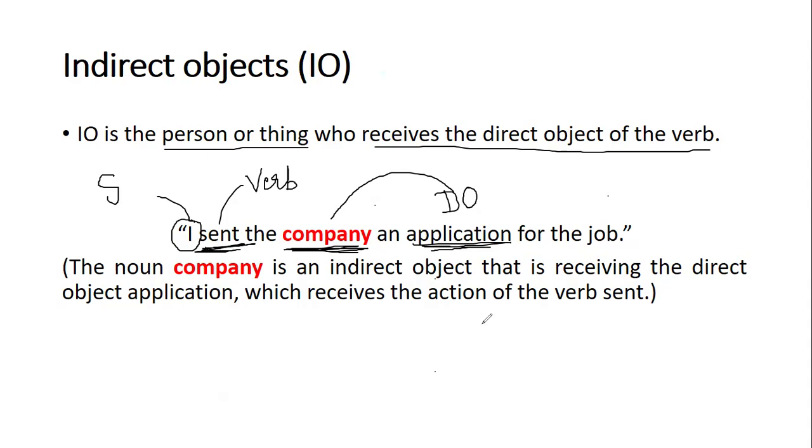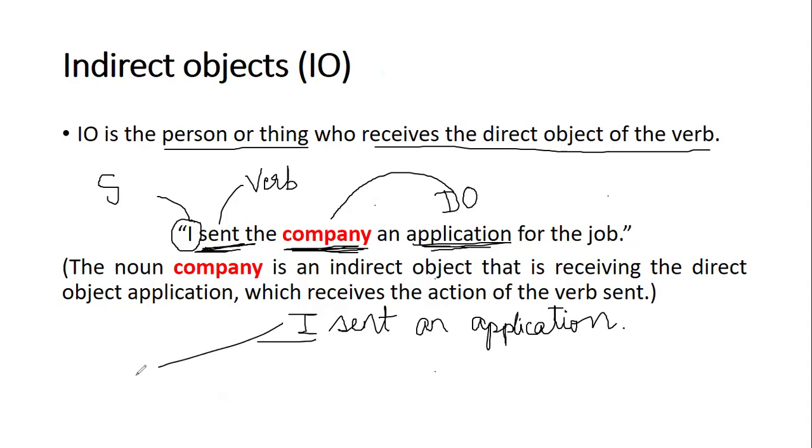I sent an application would be a very simple sentence, let me write here. I sent an application. If this was the sentence, then it would be very easy for you to find out that I is the subject, sent is the verb, and application is the direct object.